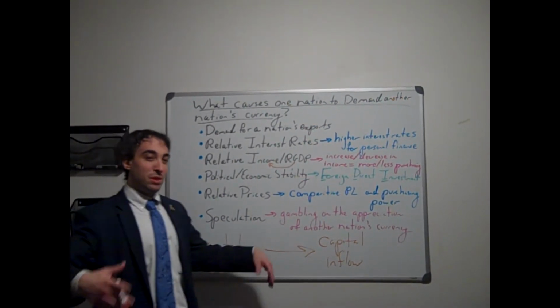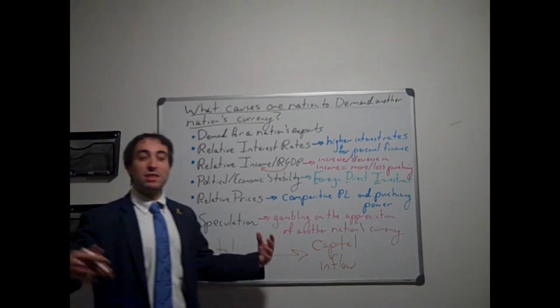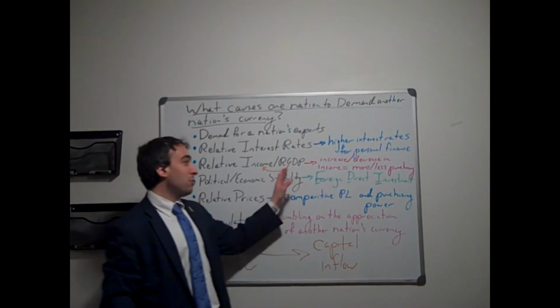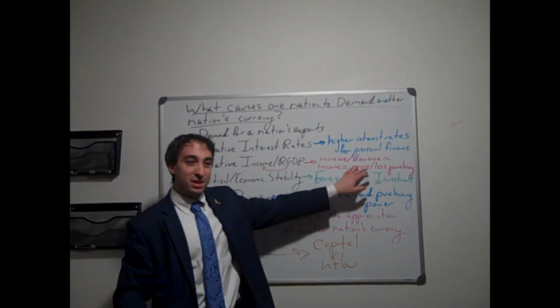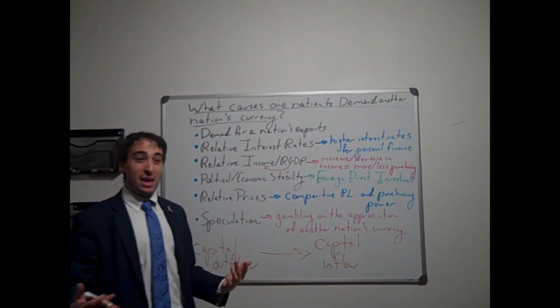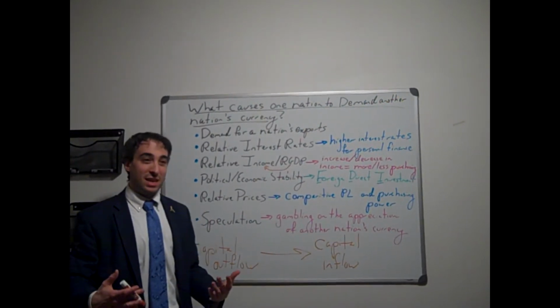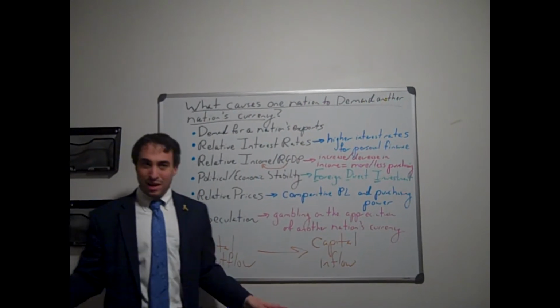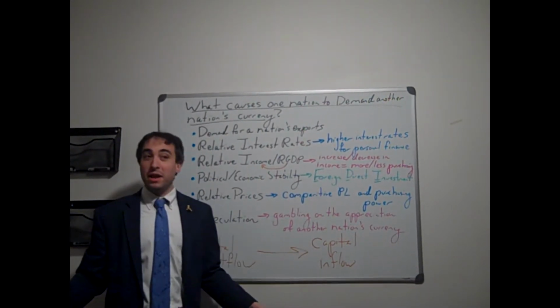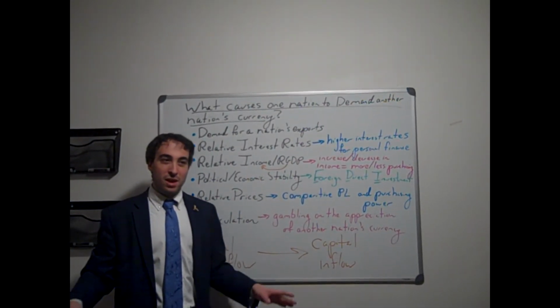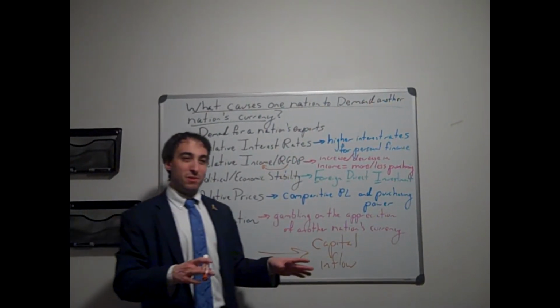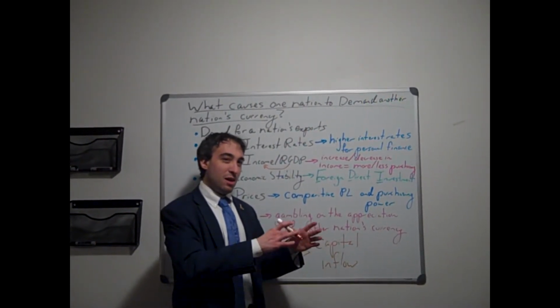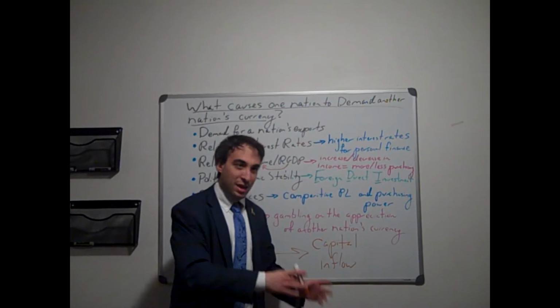We could assume that people of nation A, with their increase in income, can also buy nation B's products. Inversely, if nation A is experiencing a recession, there's just not a lot of spending going on, and therefore nation B will experience a loss of income as well.